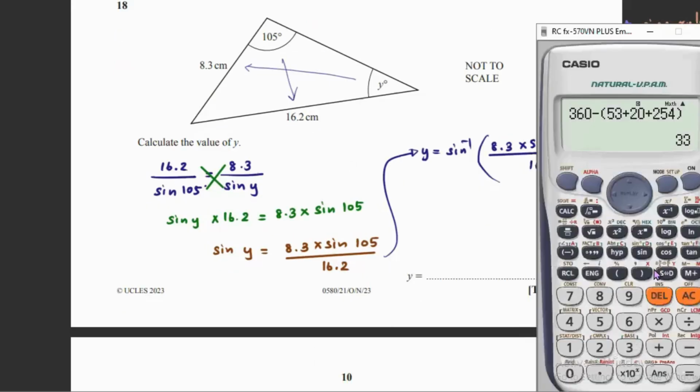So I have sine inverse, the brackets, I'm going to put the fraction mark. I have 8.3, I times that with sine 105. I'm going to close that bracket there because that is the bracket that was open for 105.